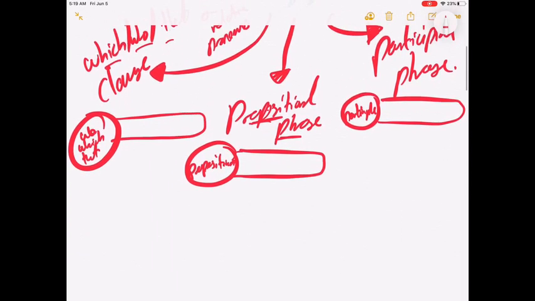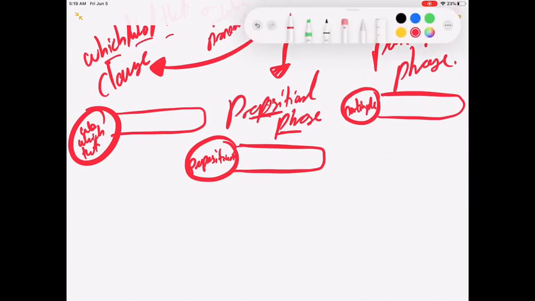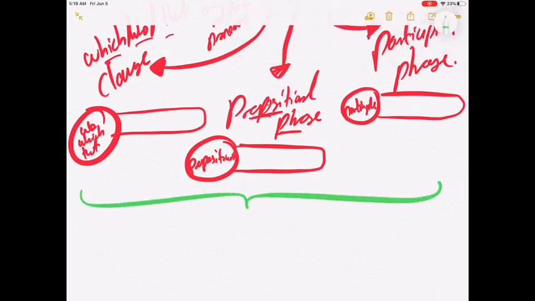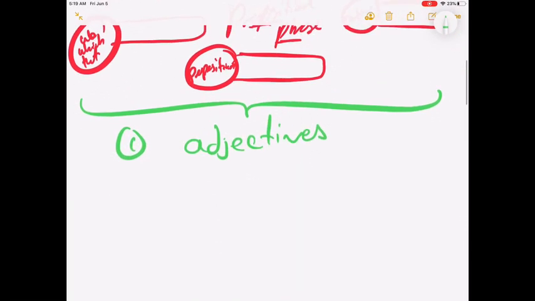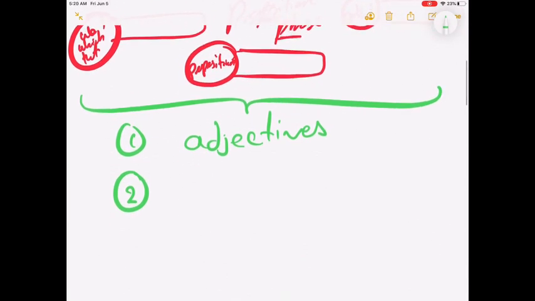Now, before we dive into each one of them and examples in it, I want you to know that these all have the same function. They, number one, function as adjectives. And number two, for the sake of the SAT examination, there are actually a lot of details here that are not relevant for SAT test takers. But let's just say that they can be dismissed.